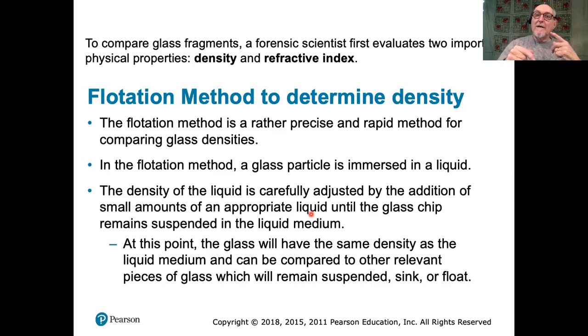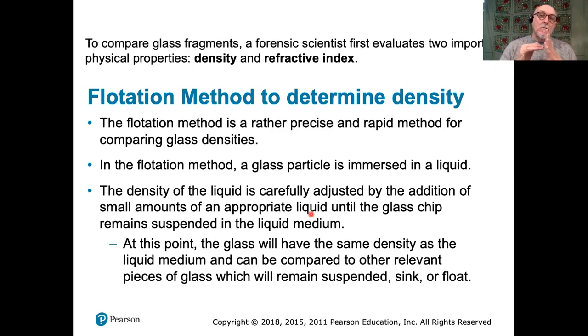Probably the glass is going to sink. The density of the liquid is then changed in a scientific manner by adding known volumes of solvent to it. The density decreases and decreases until the glass fragment begins to float.